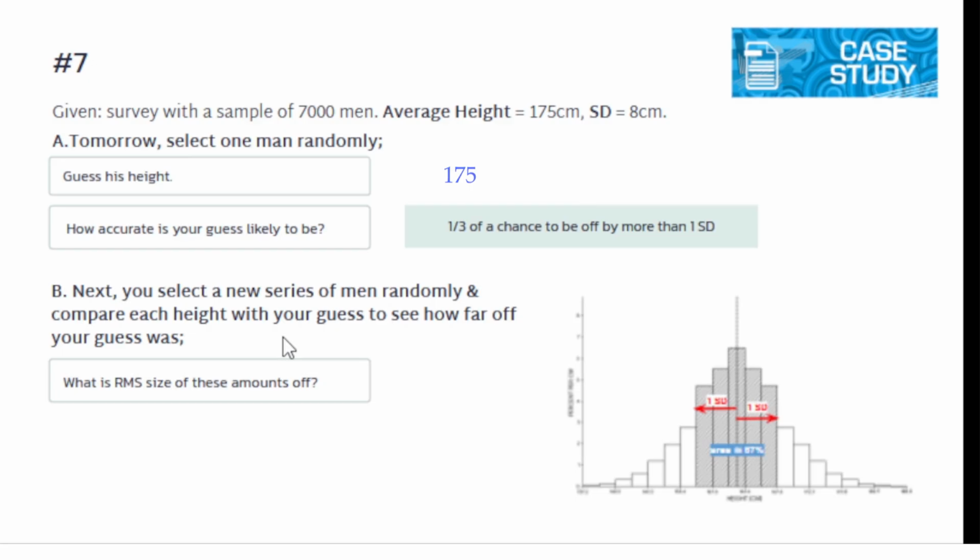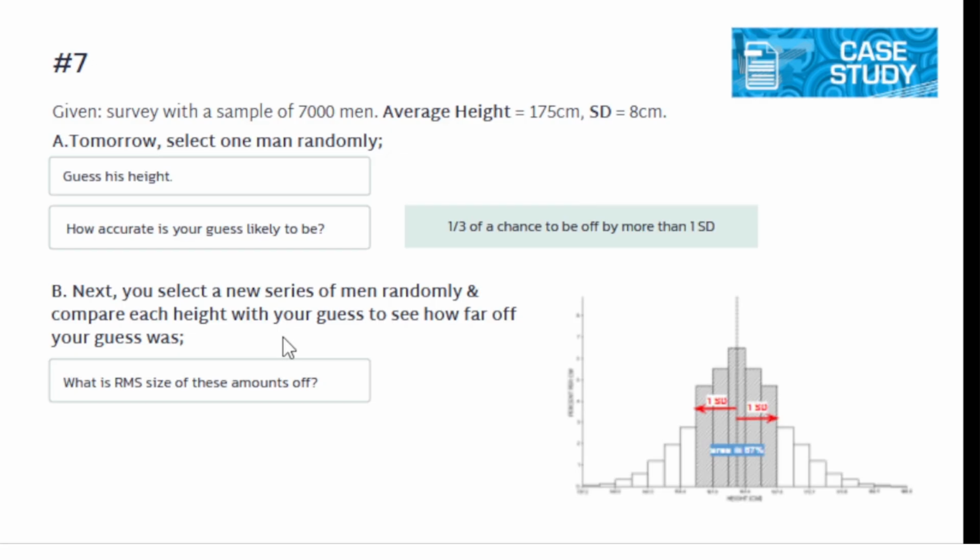You select a new series of men randomly, and then you measure their heights and compare each height with your guess, which was the average. You guess the height to be 175, then you select a couple of people, measure their height, and compare each height with your guess to see how far off your guess was. So the question is, what is the RMS size of these amounts off?